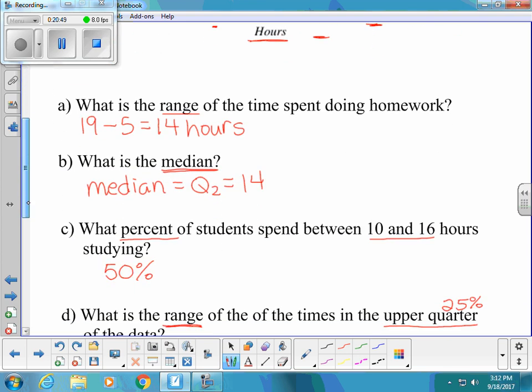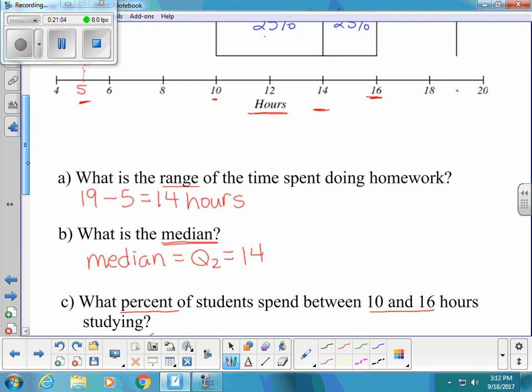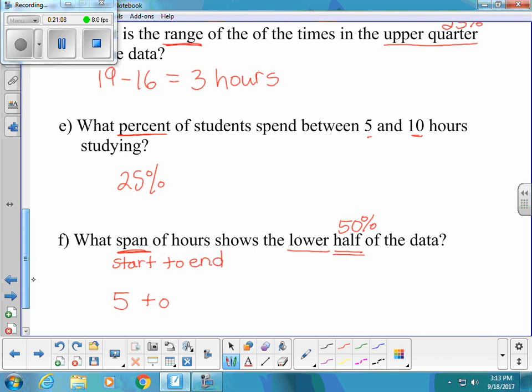So where does it start and end? Span is start to end. So that lower half started on 5, and it ended on 14. So 5 to 14.